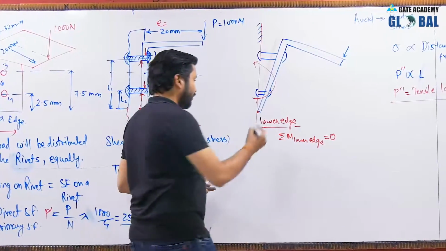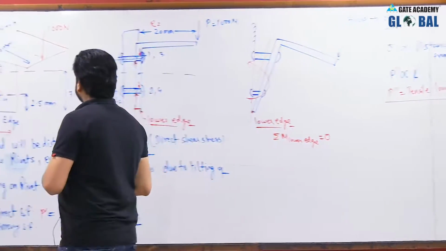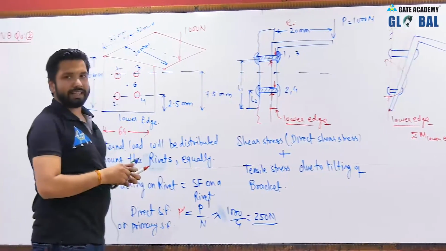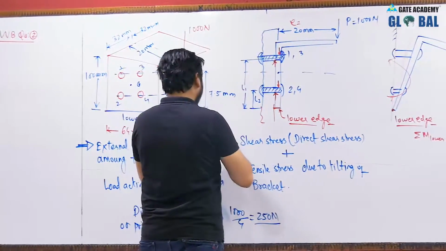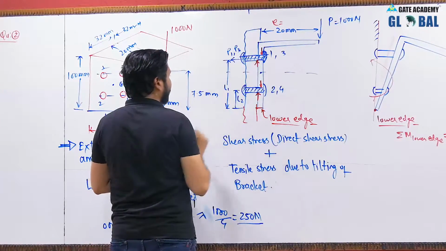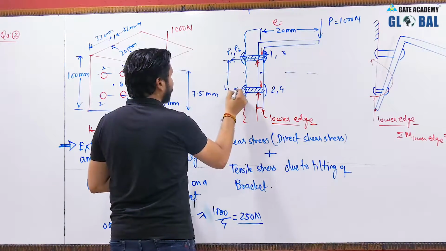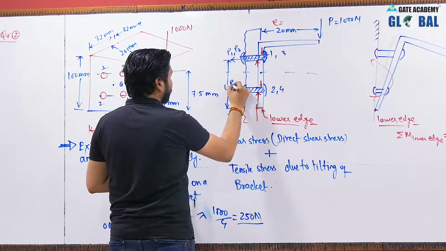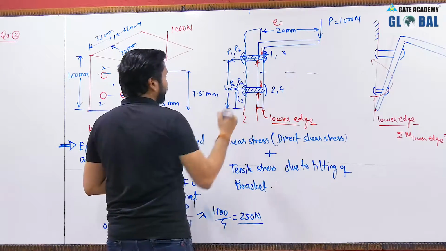Let us say that the resisting force induced in rivet number 1 and rivet number 3 is P1 and P3, and in rivet number 2 and 4 the resisting force set up is P2 and P4.